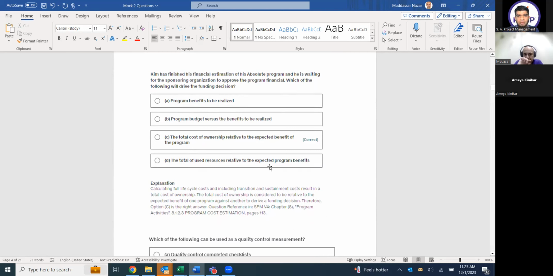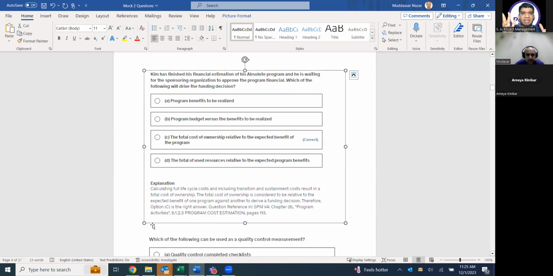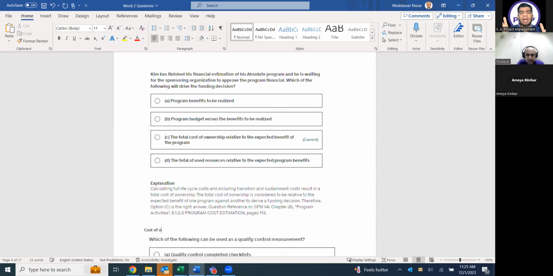I was not clear on the cost of ownership, but as I did more questions and read more explanations, I understood. The cost of ownership is actually the cost of running the program and the cost of sustenance of the program. Total cost of ownership means the complete package of the program, because as I told you, benefit sustainment activity is done after the program has been closed, but the program manager is responsible for making the benefit sustainment plan and the sustainment budget.